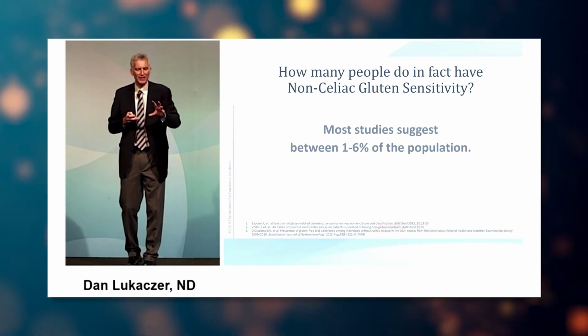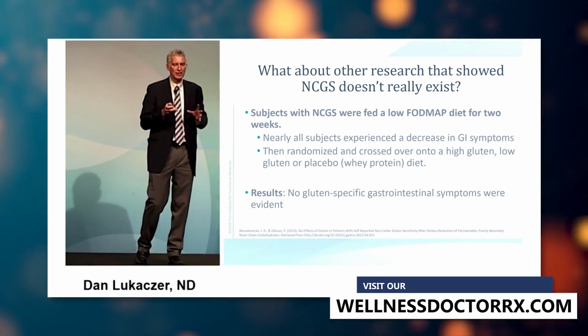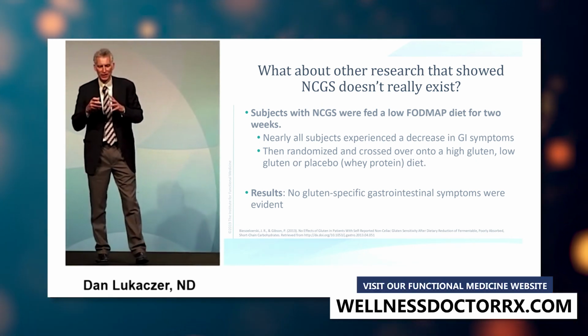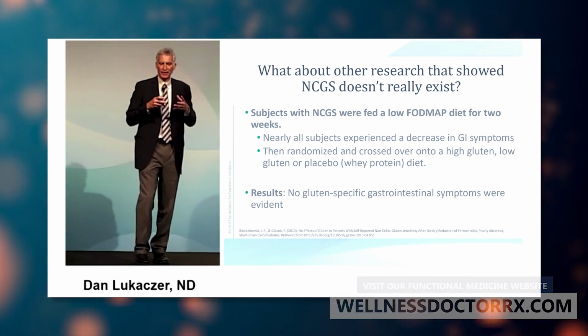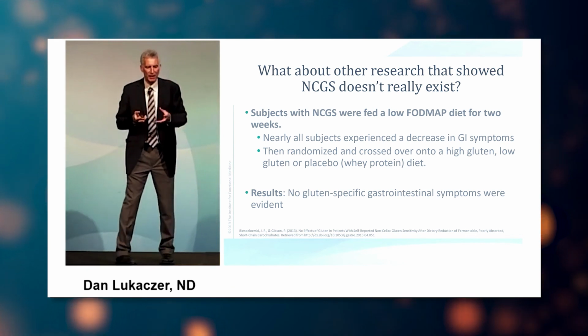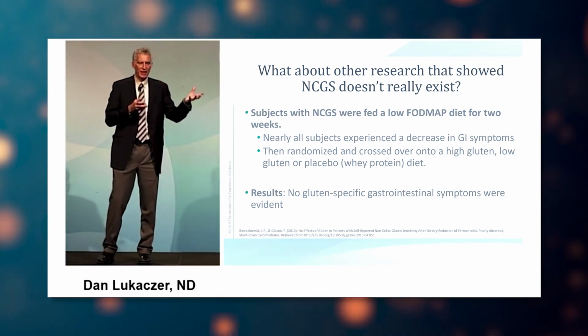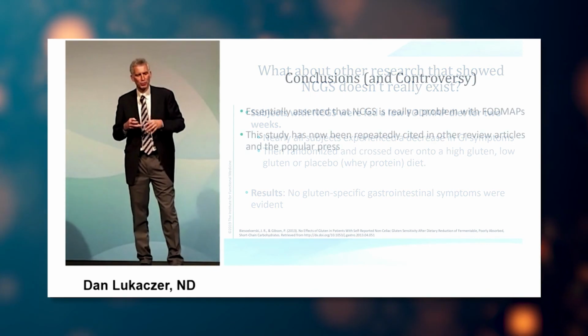So what about this other research that you may have seen that said that non-celiac gluten sensitivity doesn't really exist? And gluten is actually just this fermentable oligosaccharide, this fructan, and that it's all about FODMAPs. This is actually the same group that in 2011 did that other study, and this got a lot of press.